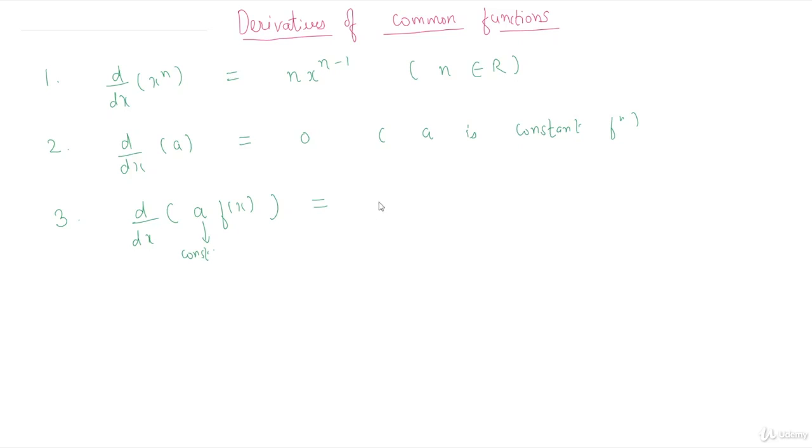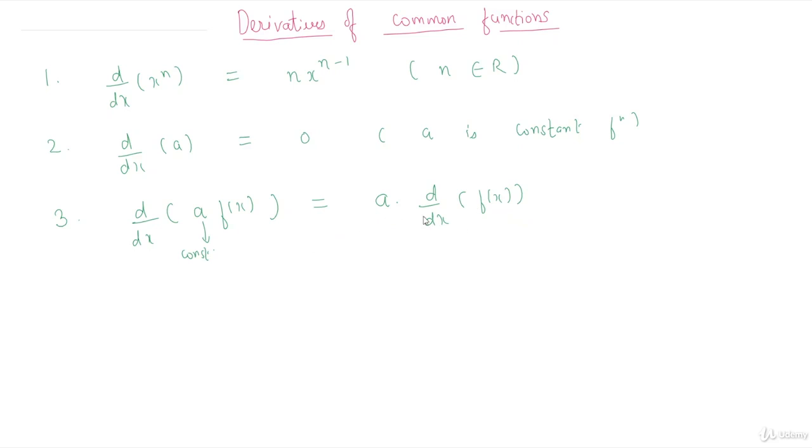This could be verified by using the product rule of differentiation. Hence it will become a multiplied by d by dx of f(x). So we always take the constant out of the differentiation whenever it's in product with a function.